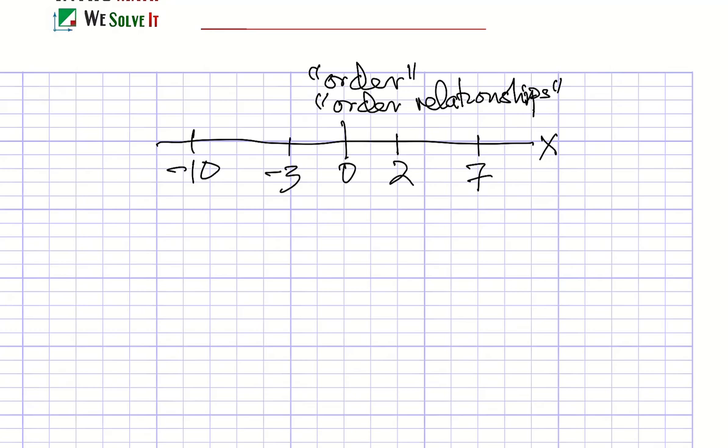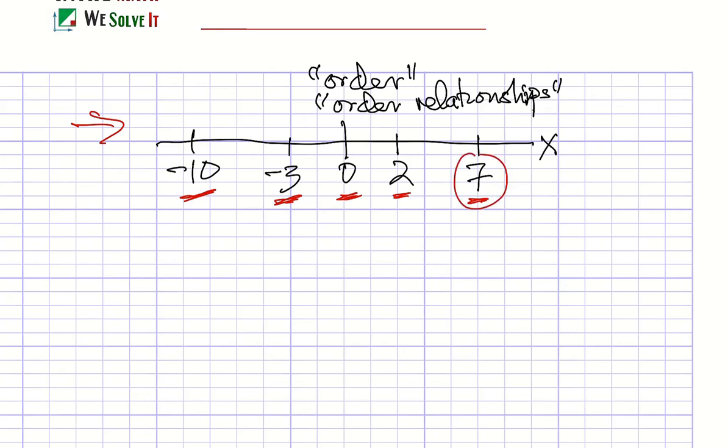Even if you go from right to left, any number on the right is greater than any number on the left. That's basically the concept of order. So 7 is greater than 2, 2 is greater than 0, 0 is greater than negative 3, and negative 3 is greater than negative 10.